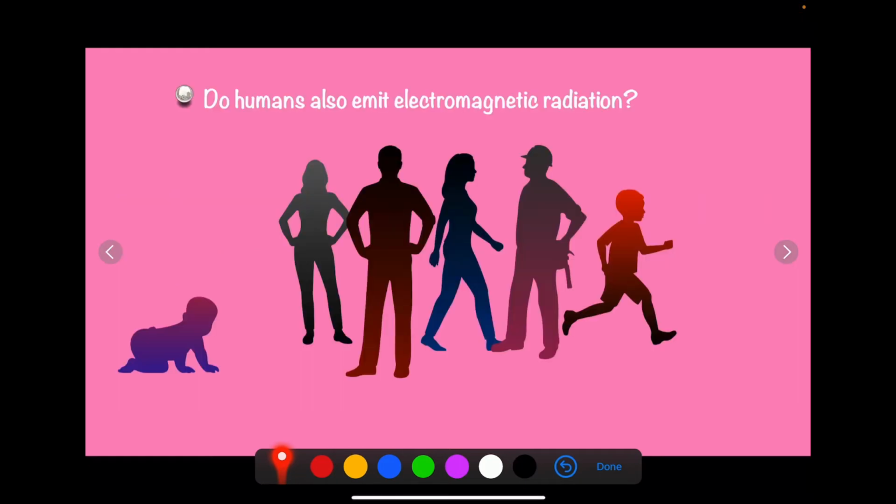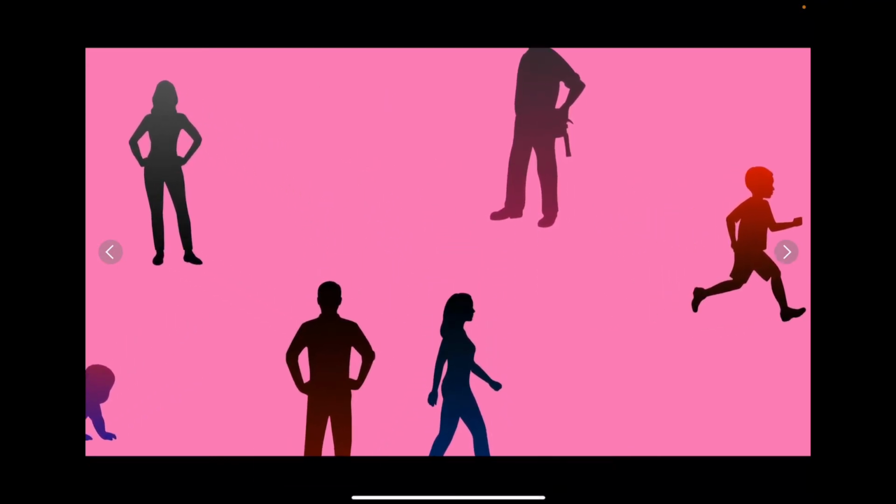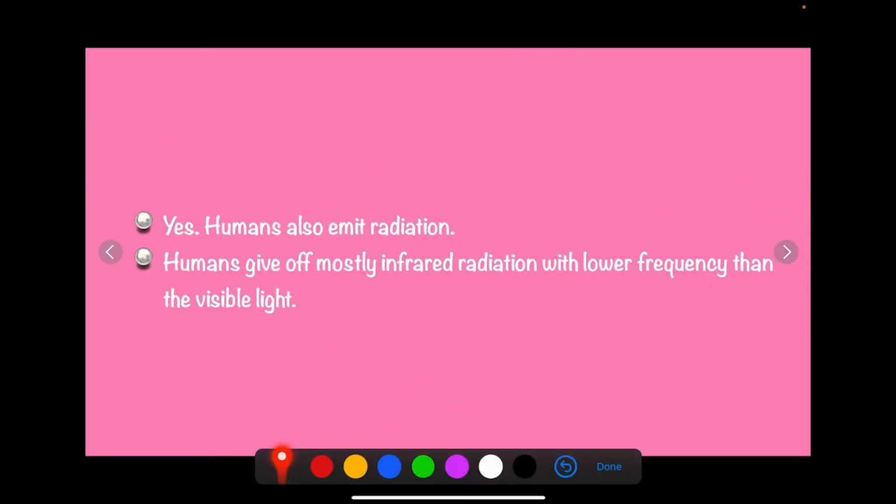Do humans also emit electromagnetic radiation? Yes, humans also emit radiation. Humans give off mostly infrared radiation, with lower frequency than visible light.